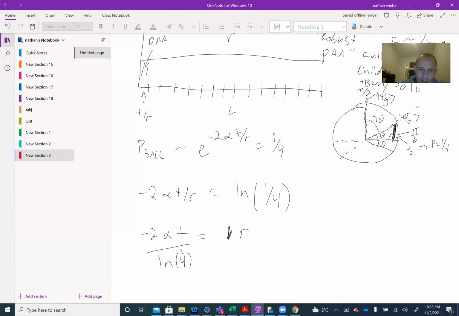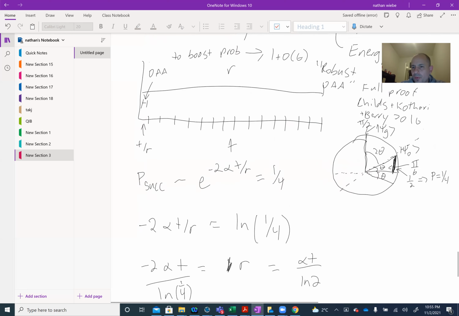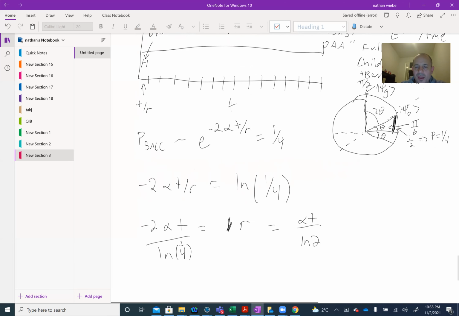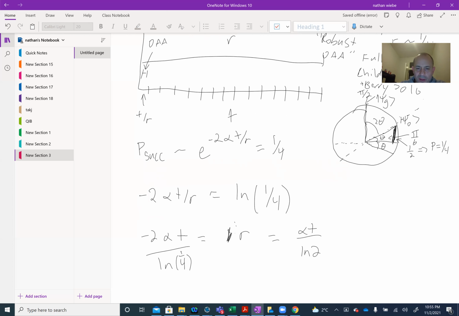Sorry, this is 1/4. I did a premature optimization. Using that property, this is equal to alpha t over ln 2. Okay, cool. So that means this is a sufficient value of r to take.